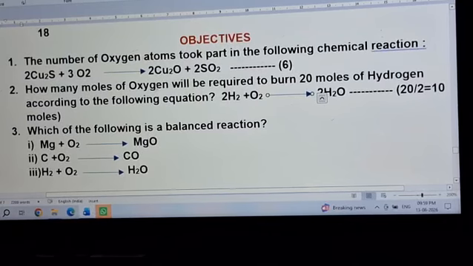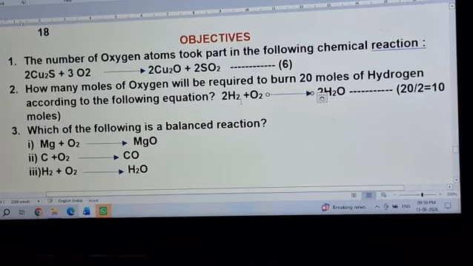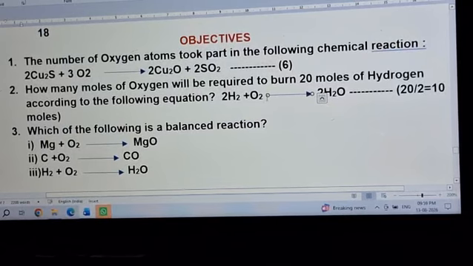How many moles of oxygen will be required to burn 20 moles of hydrogen according to the following equation? See, 2 moles of hydrogen react with 1 mole of oxygen to give rise to 2 moles of water. So, 20 moles means 20 divided by 2, that is 10 moles.